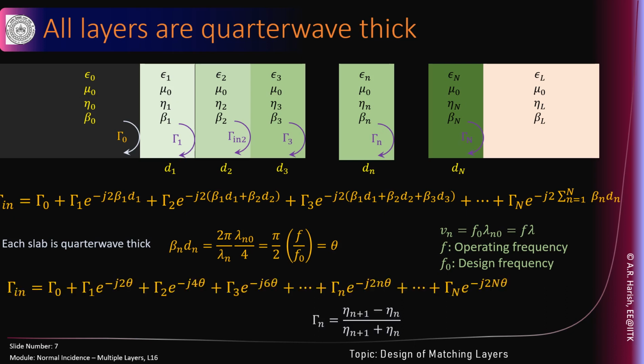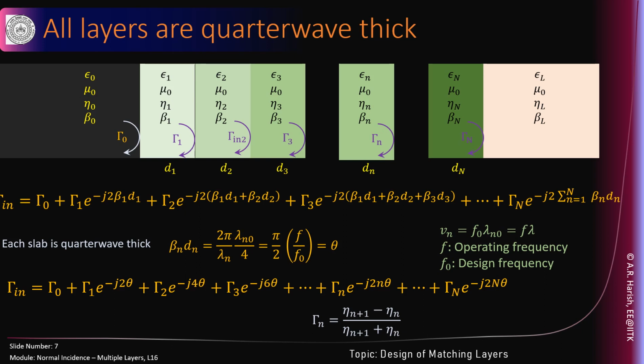Now, gamma in gets simplified, which is gamma naught plus gamma 1 e to the power of minus j 2 theta plus gamma 2 e to the power of minus j 4 theta, and so on, gamma N e to the power of minus j 2 N theta. What is gamma small n? It is eta n plus 1 minus eta n upon eta n plus 1 plus eta n.